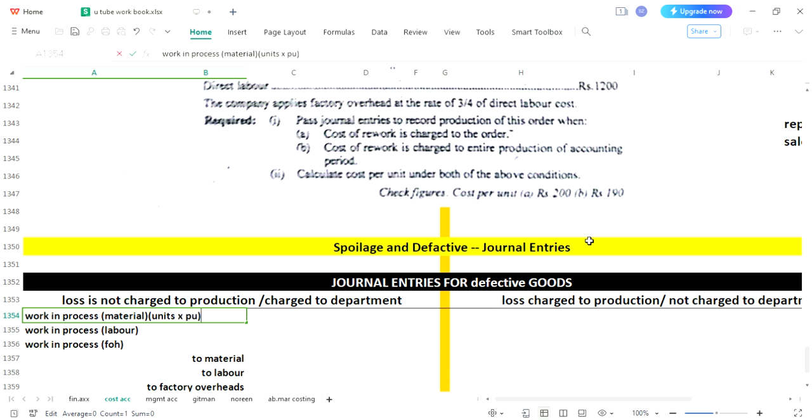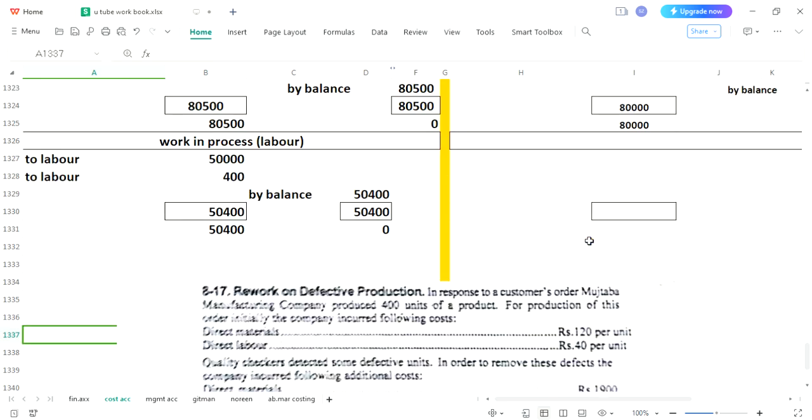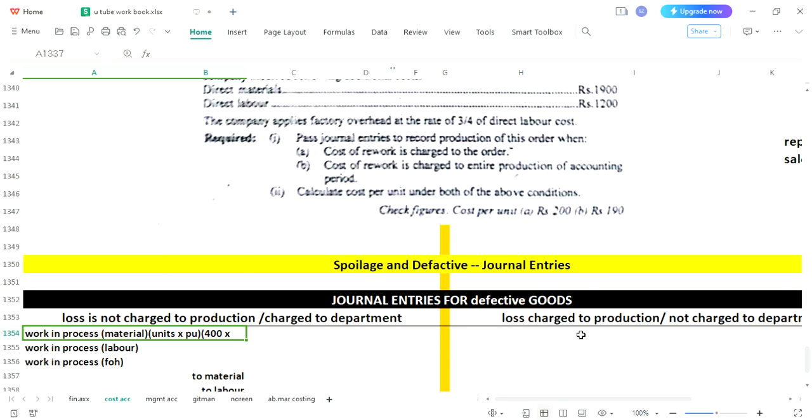Number of units given here were 400, and you need to multiply it with per unit. Per unit of material 120 is written over here, so you will write 120. In this way your calculation would be completed.